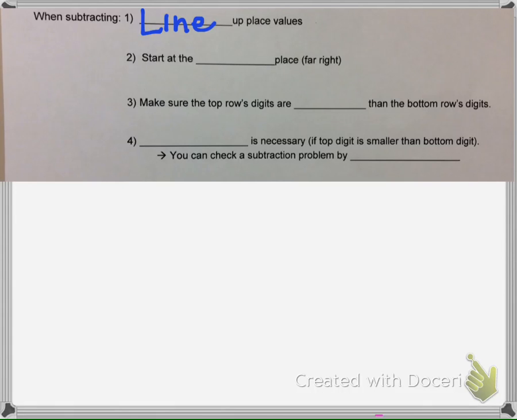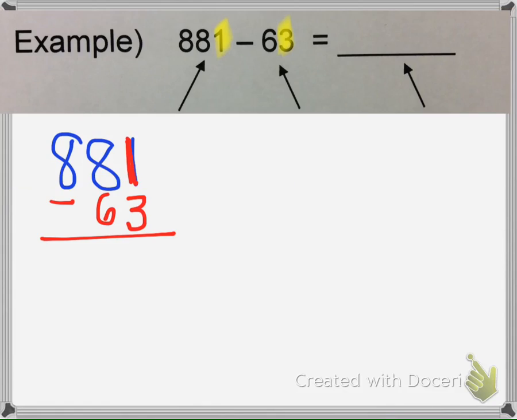The second step is you're going to start at the ones place and subtract. What I like to do is when I go to the ones digit here, I ask myself, I need to make sure that the top row digits are larger than the bottom row digits. If we look here, if we have 1, we can't take away 3 if we only have 1.